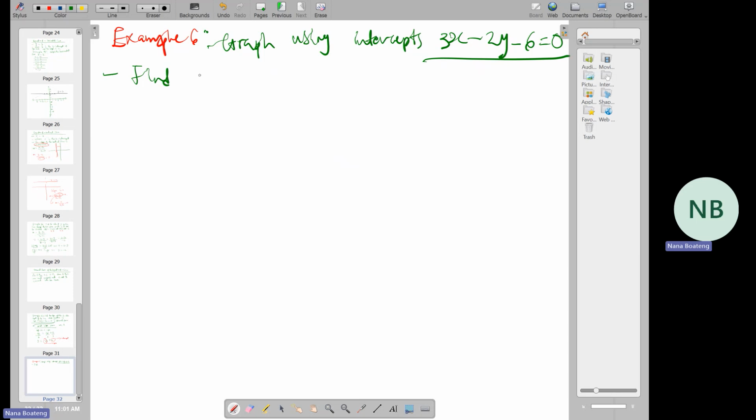So we have these 2 points as the x-intercept point and y-intercept point, and now we can graph the function using these 2 pairs of points. So let's do that.